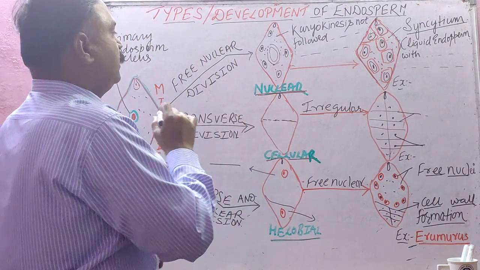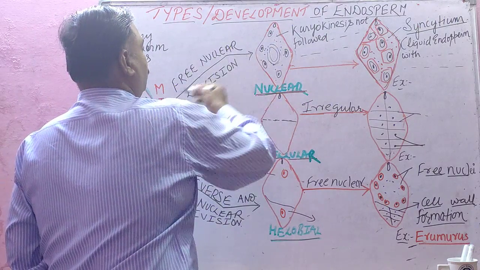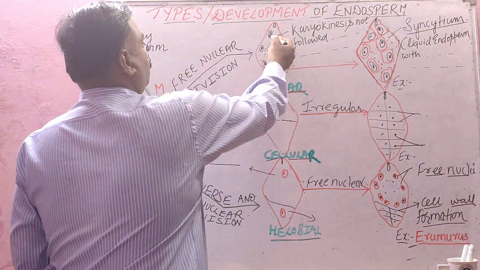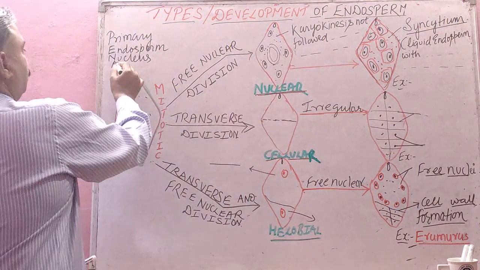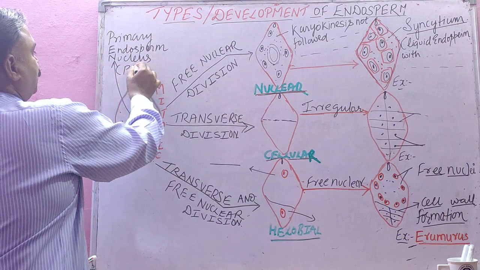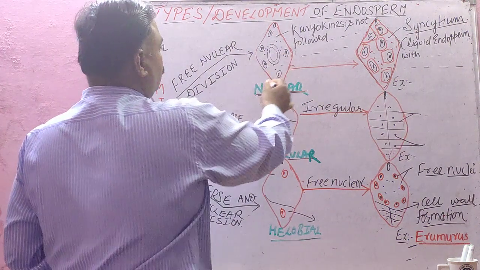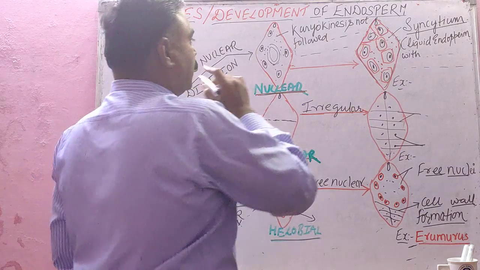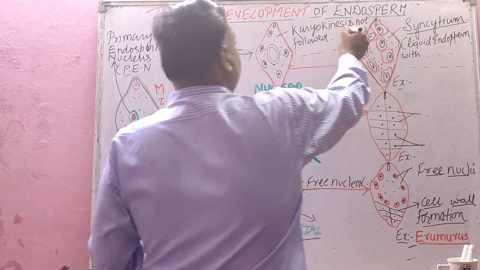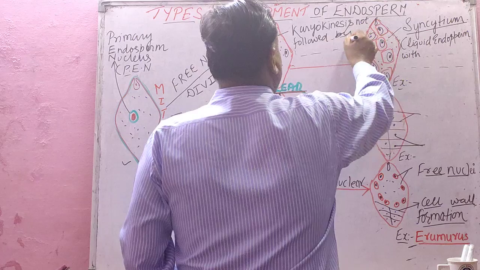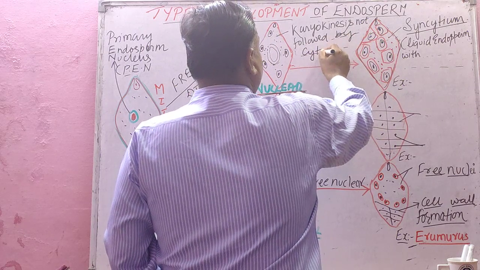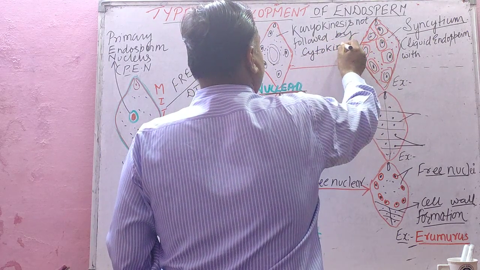In these children there is free nuclear division, mitotic division of PEN. PEN means primary endosperm nucleus. There is free nuclear division, and here karyokinesis occurs, but it is not followed by cytokinesis because here wall formation is not there.